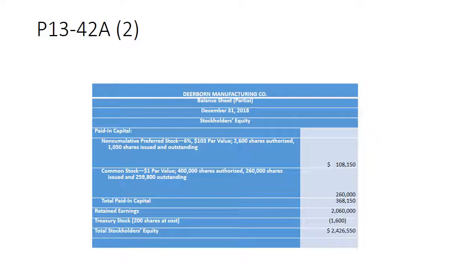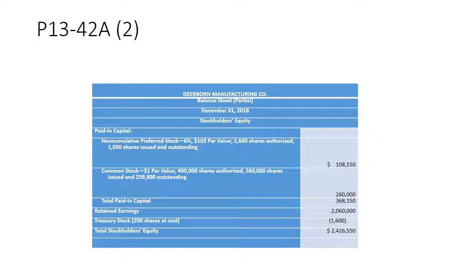They give us that information in requirement 2. So how much par value is there? $108,150. Now in part 2, they don't say anything about paid-in capital in excess of par for either one of these. So we may have sold them at their par value, and that's fine.